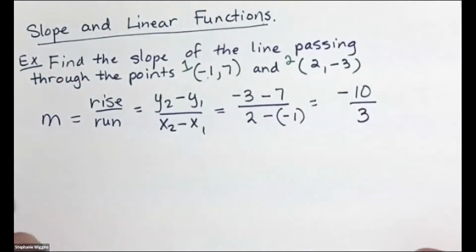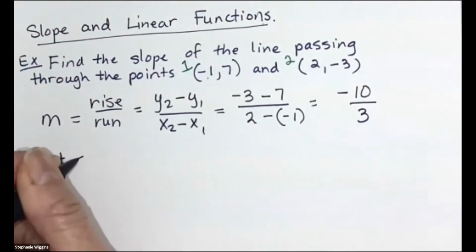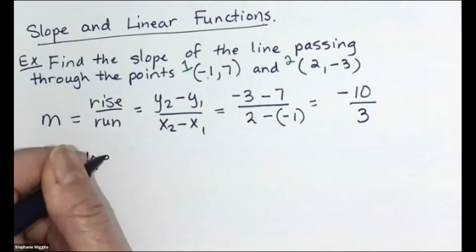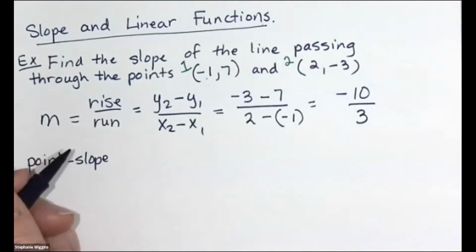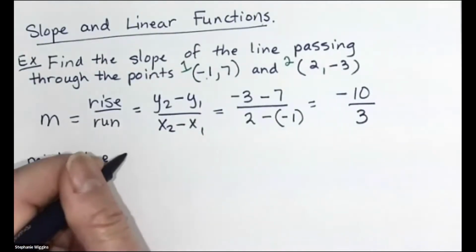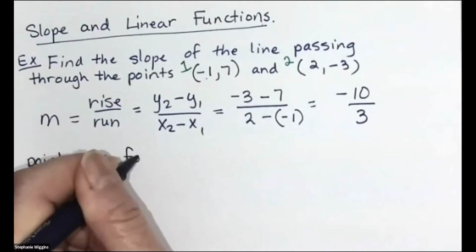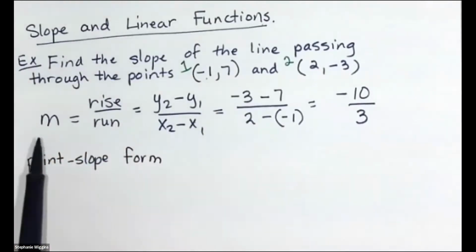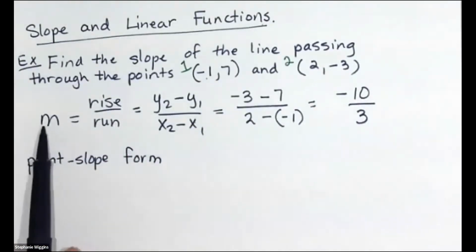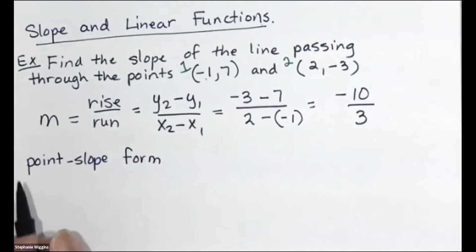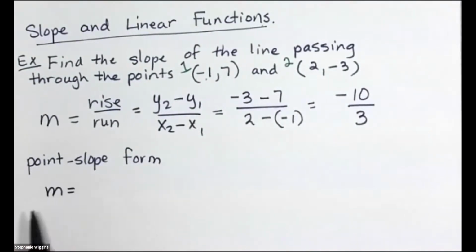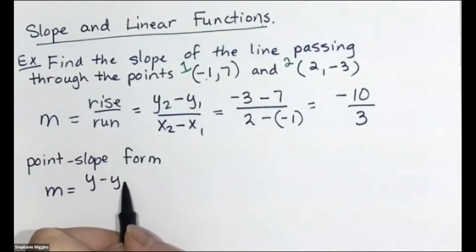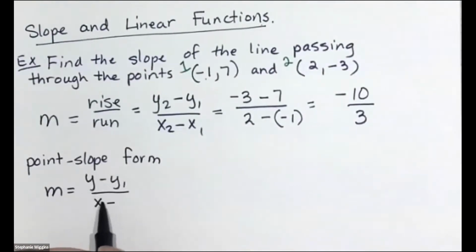Now, the point slope form of a line. All you need is a point and a slope to know the equation of a line. And that's called point slope form. It comes directly from this formula. The difference is you're going to use m equals y minus y1 over x minus x1.